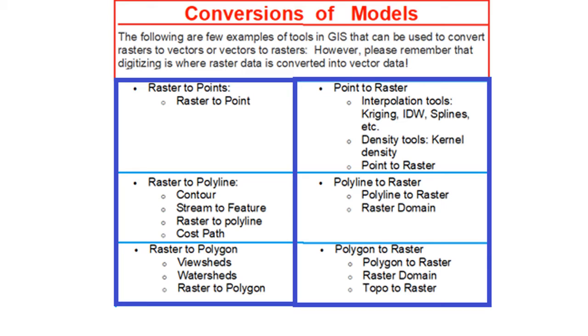It is polyline also. Stream to feature, or raster to polyline, or the cost path, how much money we will spend going a certain way. So we have to create some sort of a direction. That is polyline also. Raster to polygon, the area one. So viewsheds, watersheds, raster to polygons.